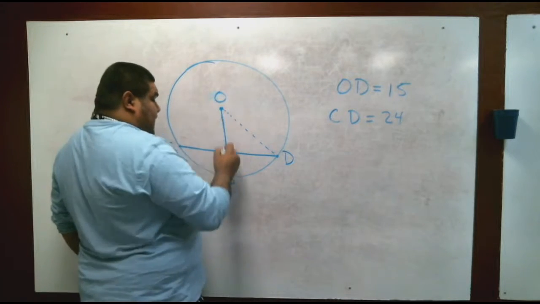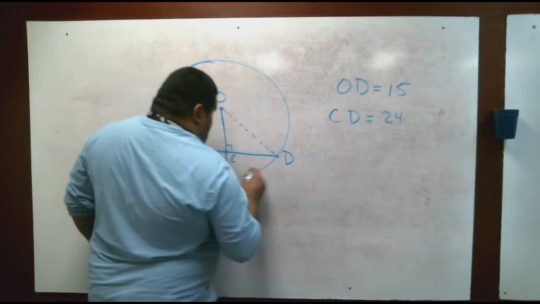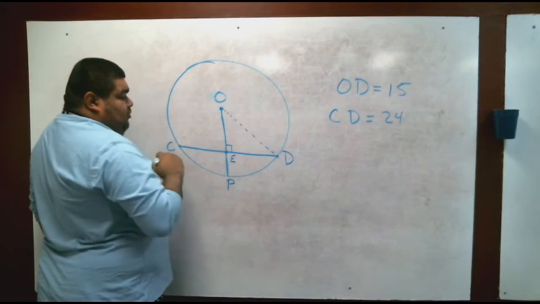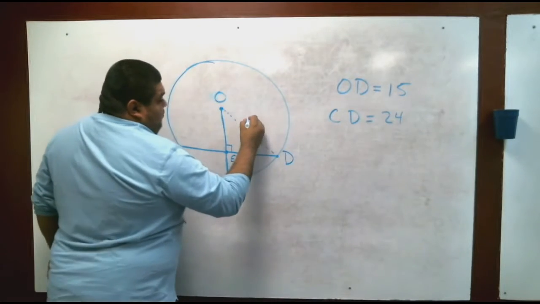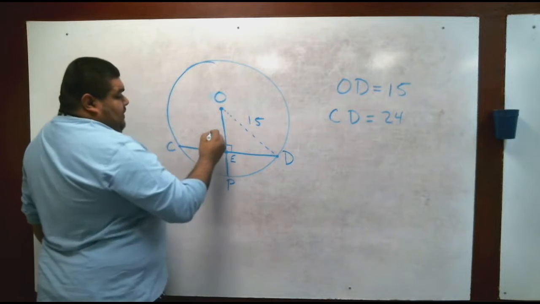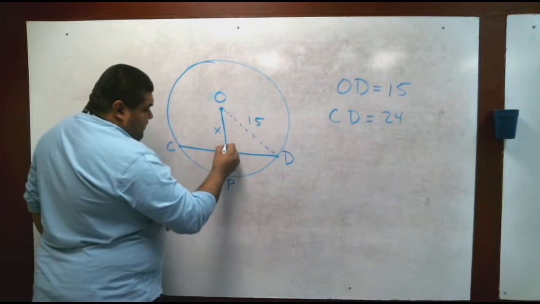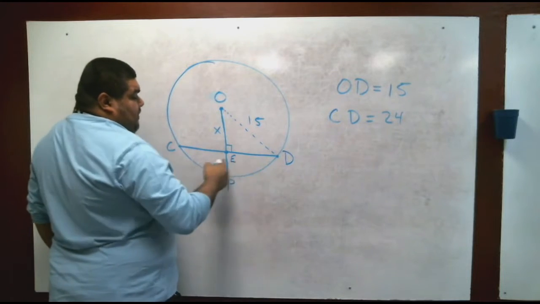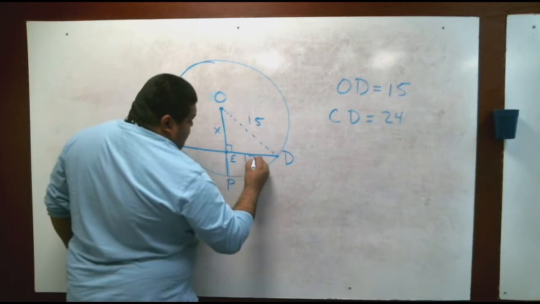All we really need is OE, because we're trying to solve. We already have OD, which is 15, the slanted line. We know that the bottom, ED, is half of 24, which is 12.